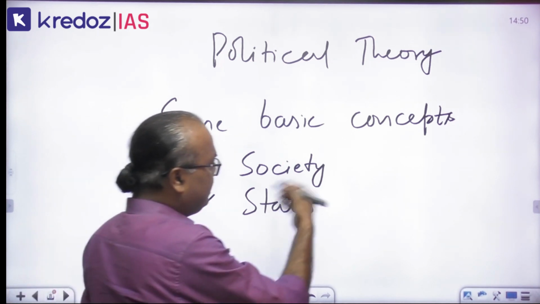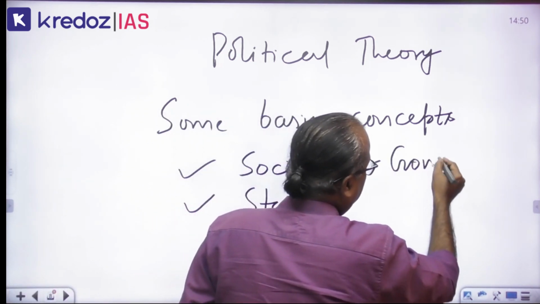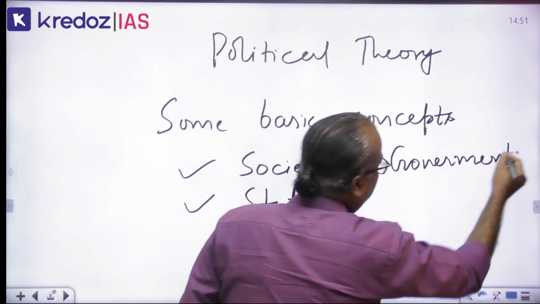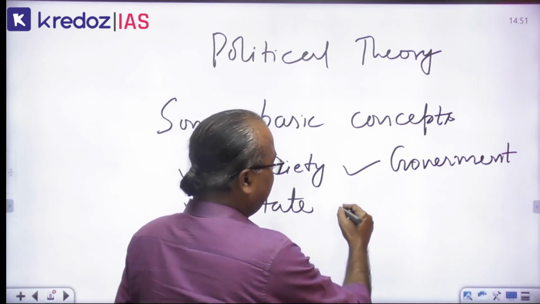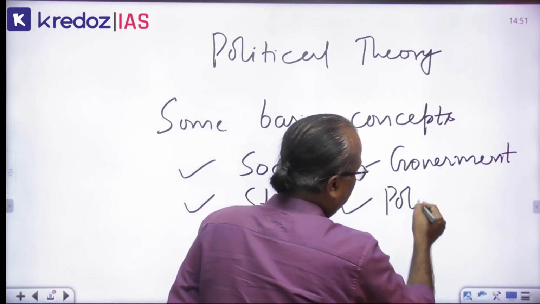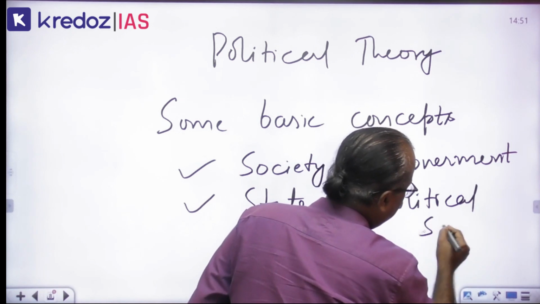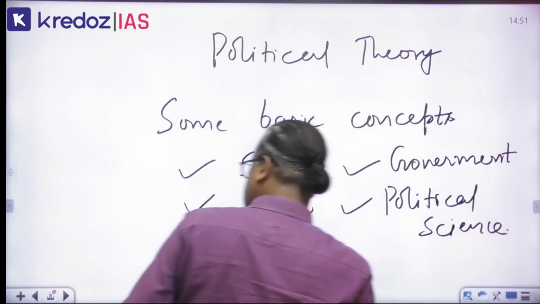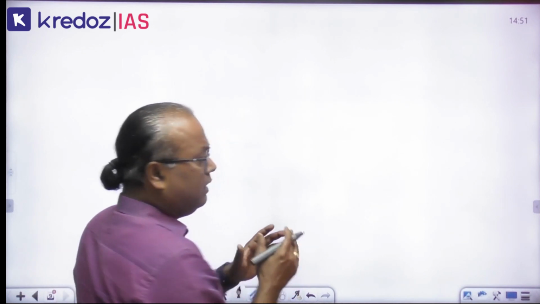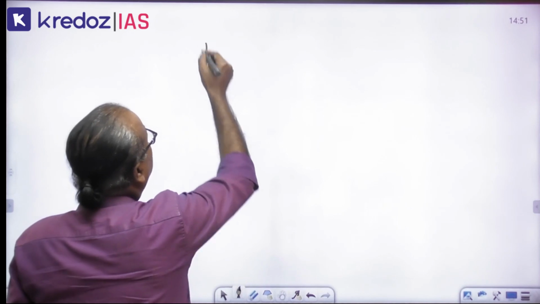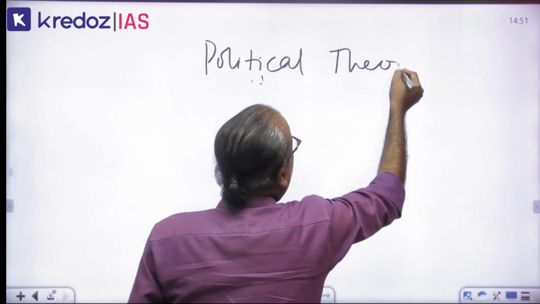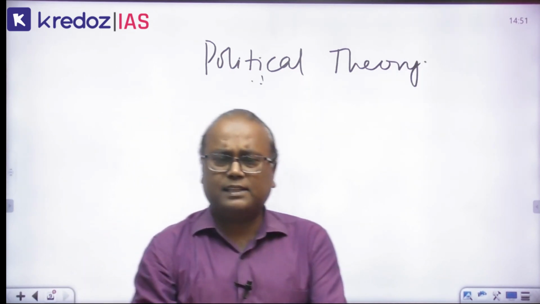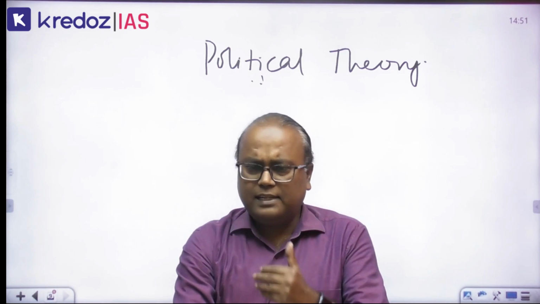Once you understand the state, what is the government and how many forms of government there are. Later on, you will be able to understand what political science is all about. Once you understand political science, you will be able to understand what political theory is.